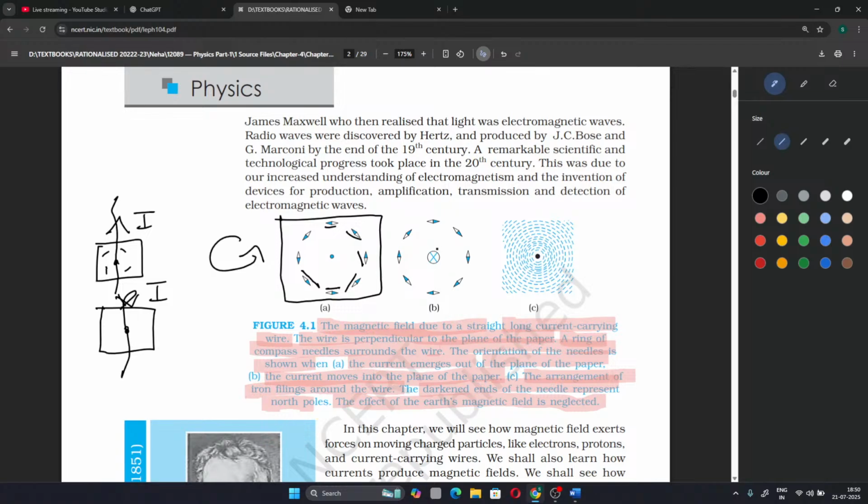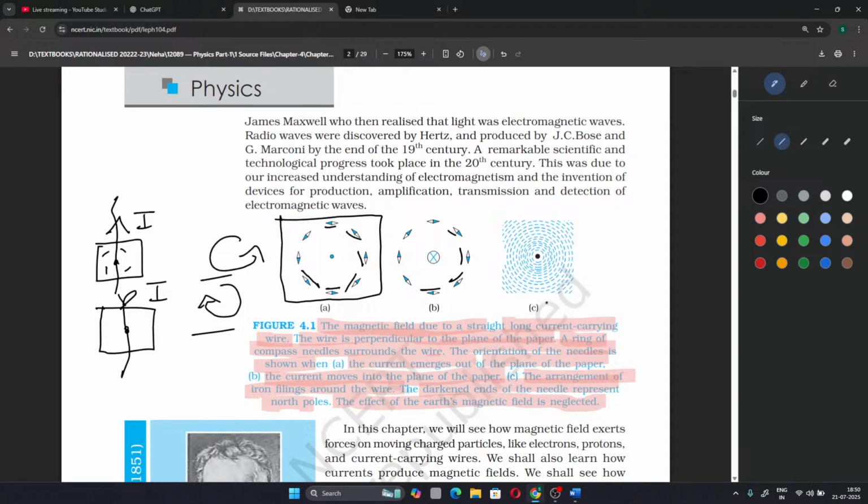Here, when the current is going inside, the needles are also tangential, but the direction of alignment has changed. The north is going from right to left in this direction. This is clockwise, this is anti-clockwise. Just the arrangement has changed.